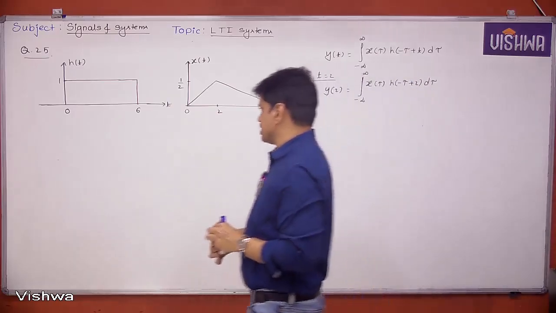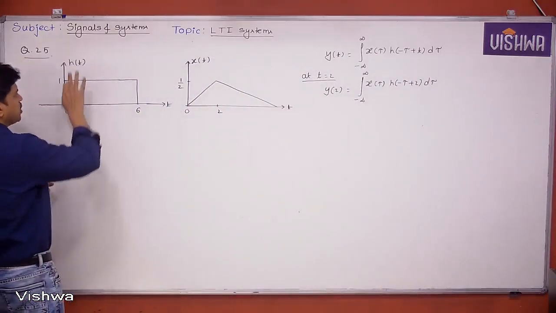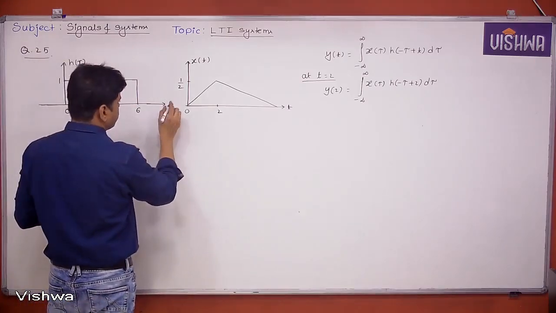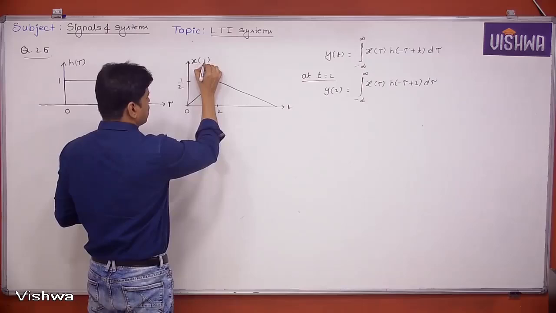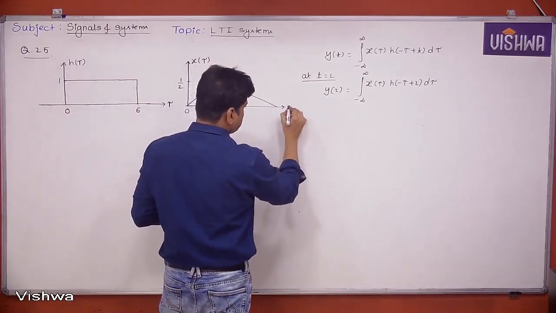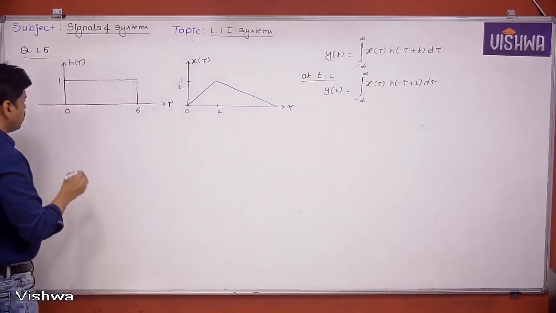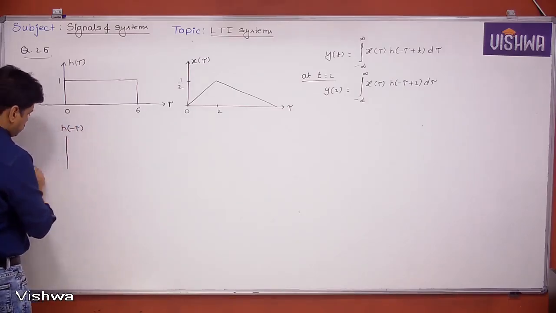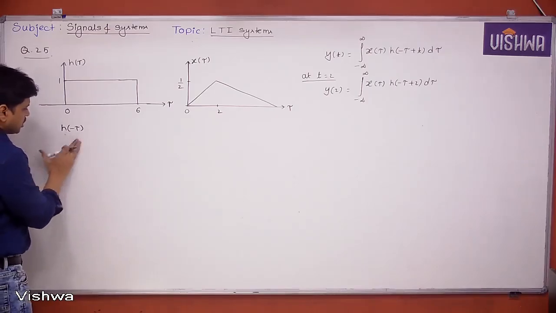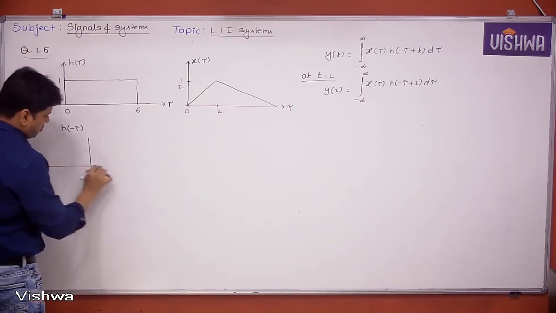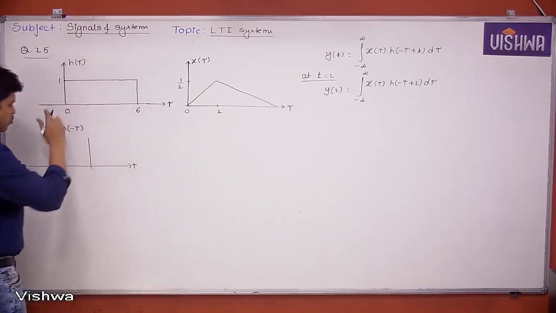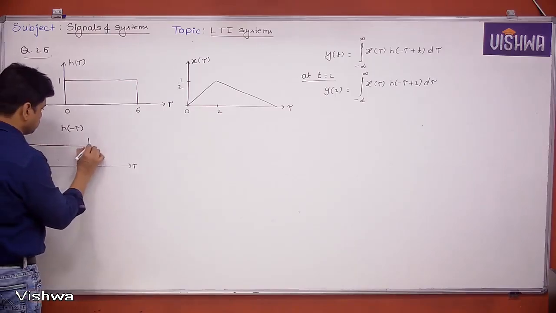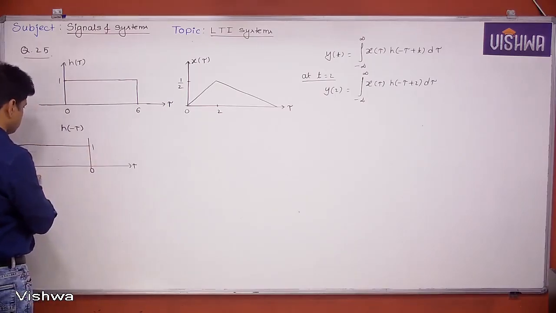If I do that, let's see. First we have to convert everything into tau. In graphical convolution, first we convert t into tau. Next we have to calculate h of minus tau. h of minus tau looks like this. We have to fold the signal. If I fold the signal, it exists from minus 6 to 0.